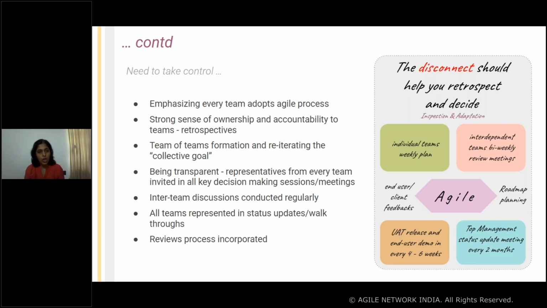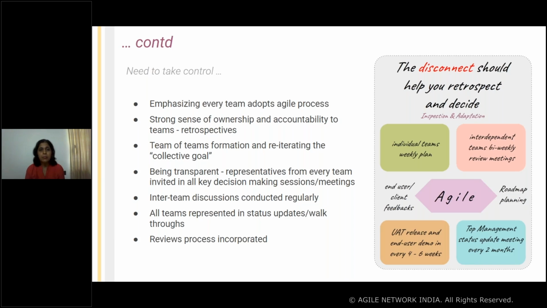Then a strong sense of ownership and accountability for teams, and retrospectives. It is obvious that when we have larger teams, it is difficult to cater to the needs or doubts of everyone, or when it comes to decision making.